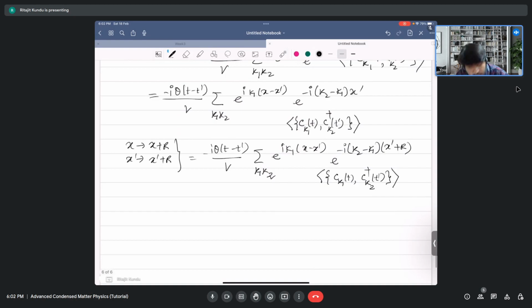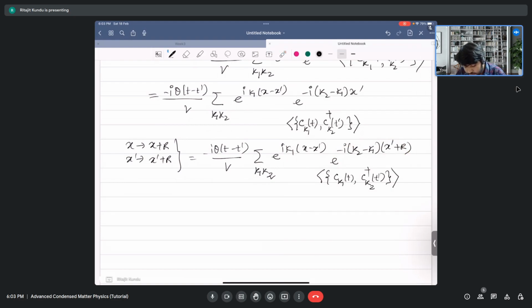Now I'll argue that because our system is homogeneous, any correlation that you can calculate should not depend on any single variable, it should depend on a relative distance. For example, this is a relative distance between x and x prime, but in this part another R appears. So that means that this thing has to be 0, because in any homogeneous system this term cannot be there, since it depends only on a single coordinate.